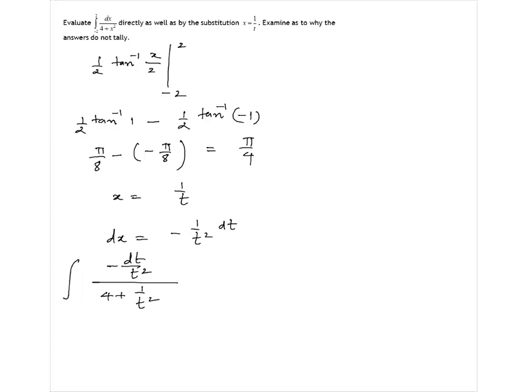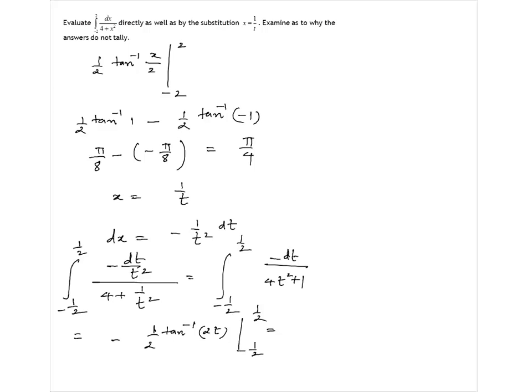When x is minus 2, when x is 2, minus of minus pi by 4.